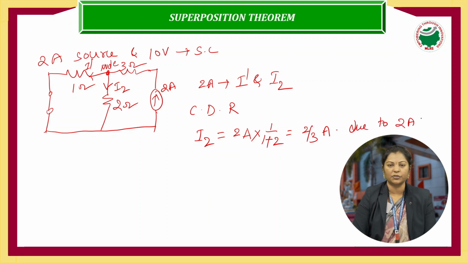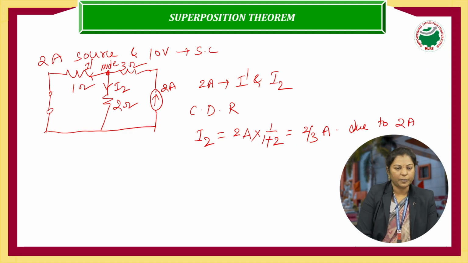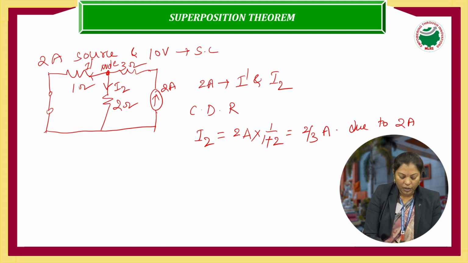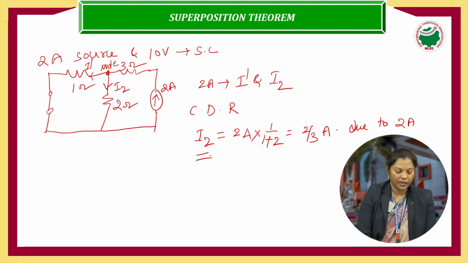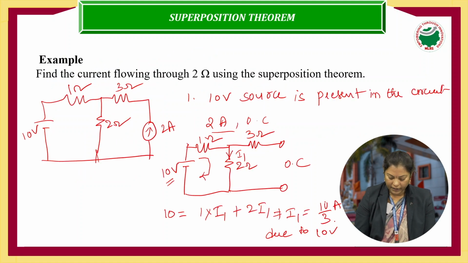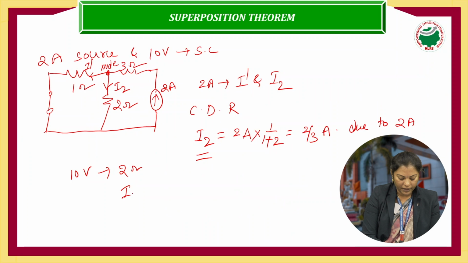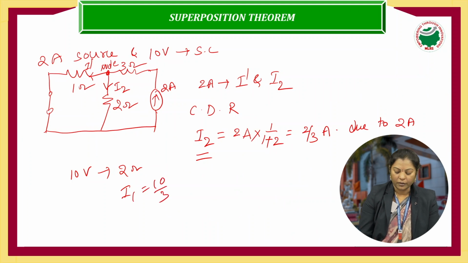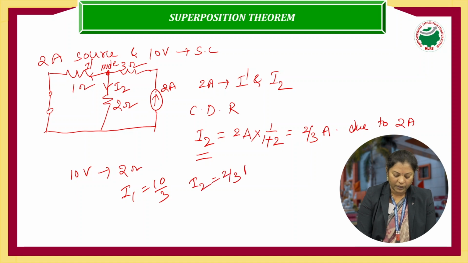From the statement given in the superposition theorem, the response in any element is equal to the algebraic sum of the responses present when we consider the sources separately. What I have calculated because of the 10 volt source, the response in the 2 ohm resistor, is I1 equal to 10 by 3 amperes, and due to the 2 ampere source it is I2, which is 2 by 3 amperes.